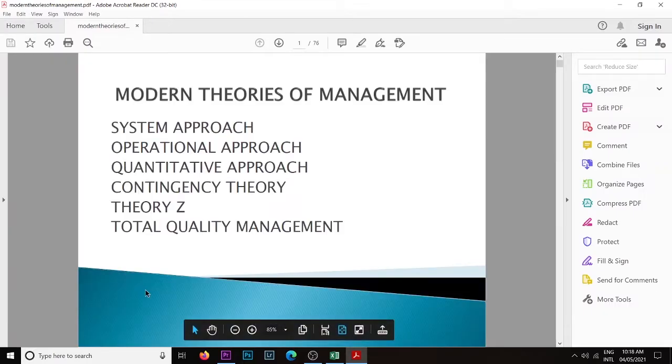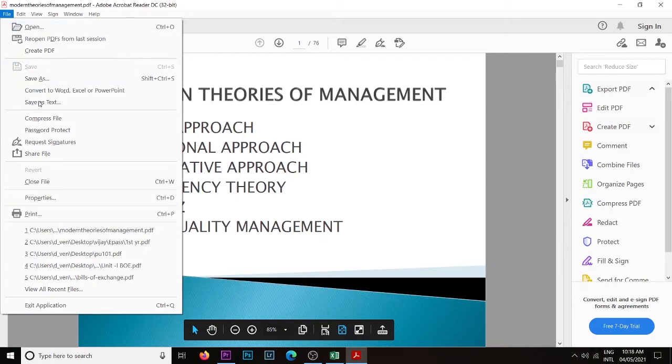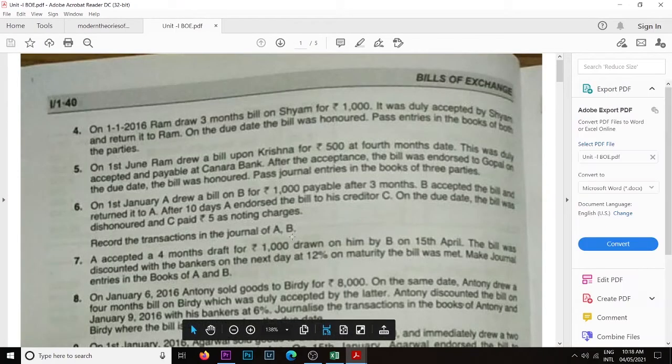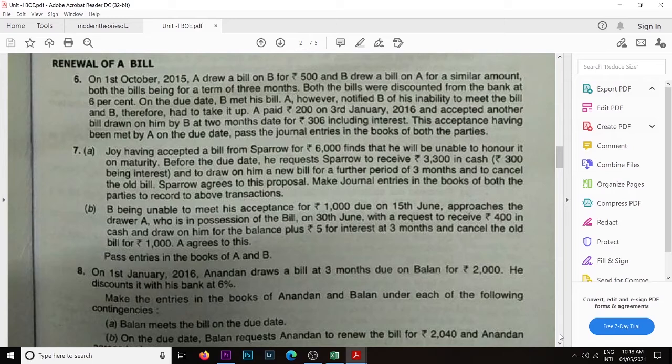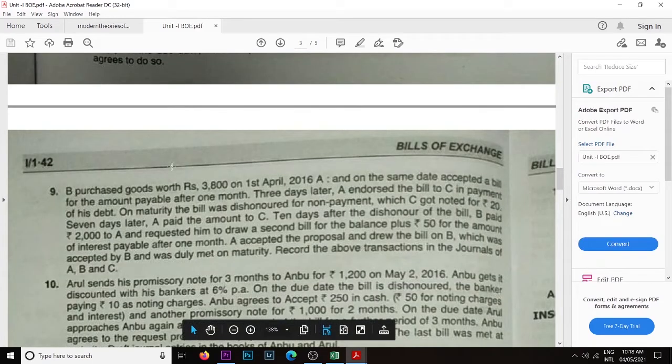So we will look at the problem number 8th problem is over. We'll see the 9th one, what it is exactly. We purchased goods worth rupees 3,800 on 1st April 2016 from A, I think. And on the same date, accepted a bill, the amount payable after 1 month. 3 days after, A endorsed the bill to C in payment of his debt.